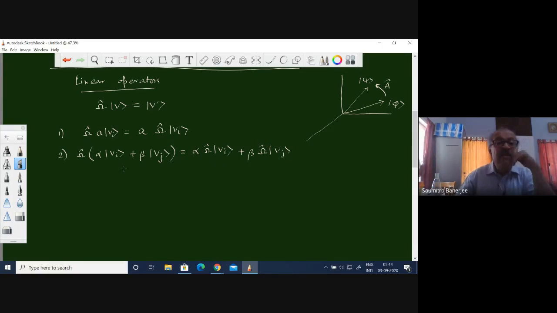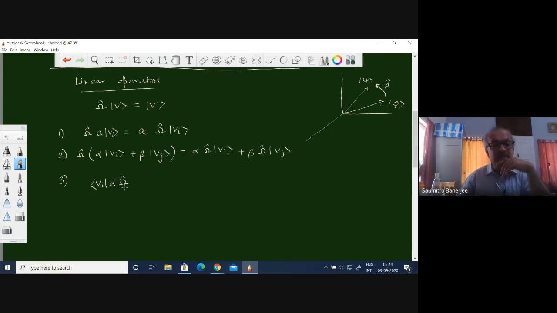Then we need how the omega operates on the bras. Presently we were operating on the kets. Omega operating on the bras, we have to write from the right hand side. If we write it like this, then it will be easier for you to understand. The omega is operating on alpha times the vi.